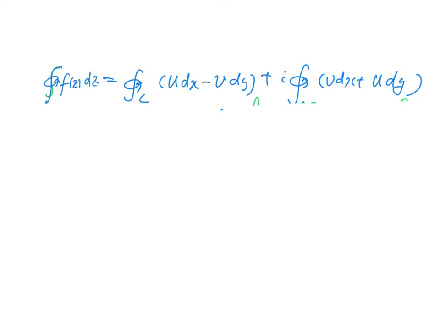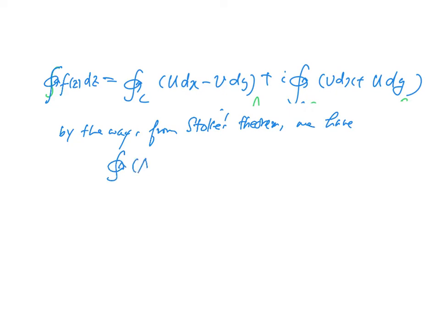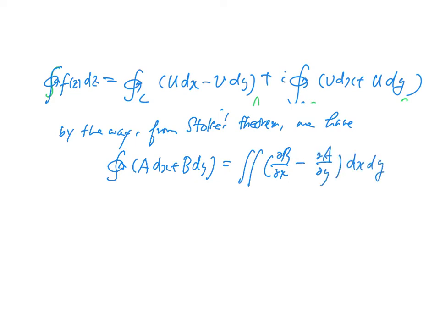the closed integral of f(z) dz. And by the way, from Stokes theorem, we have the closed integral of A dx plus B dy is the double integral of partial x of B minus partial y of A, dx dy, right?